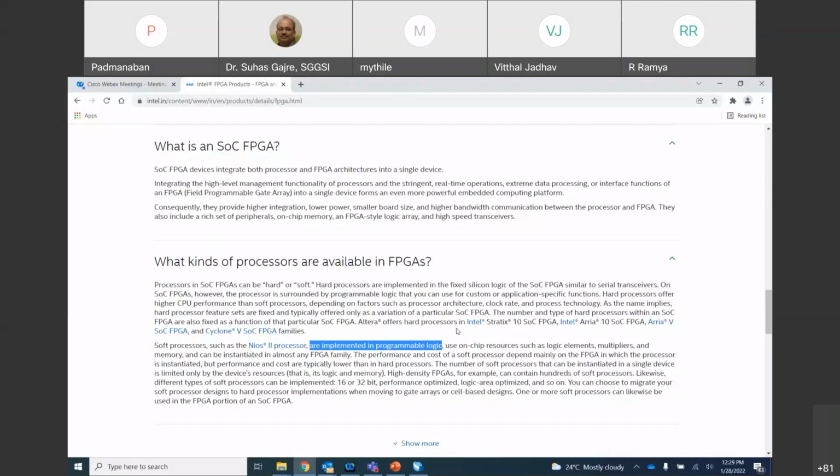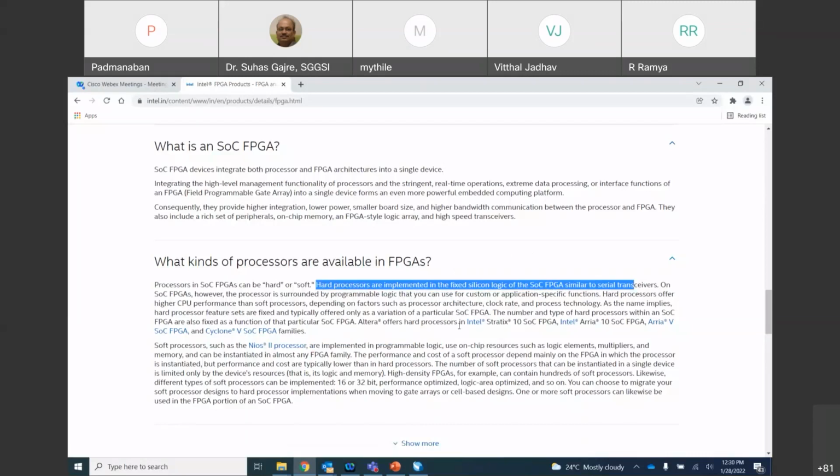Okay, then what is hard? The hard processors are implemented in the fixed silicon logic of the SoC FPGA, similar to the transceivers. That means we are placing a dual-core ARM Cortex-A9 alongside the FPGA fabric. SoC FPGAs have the hard core.